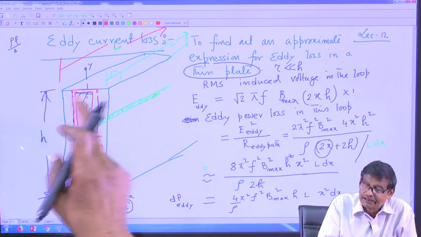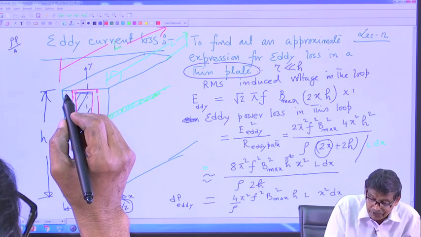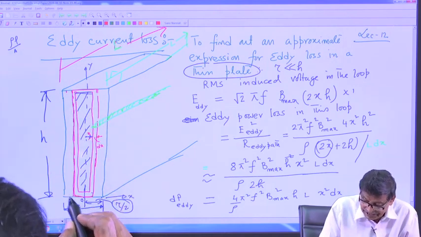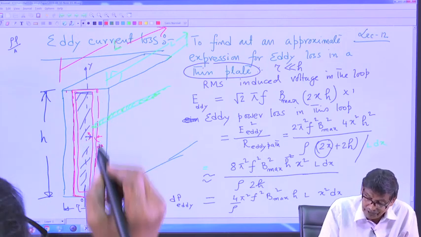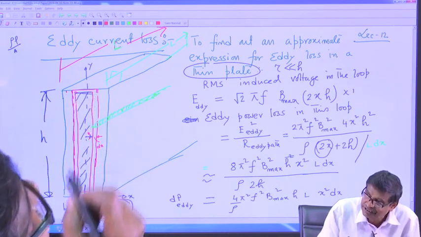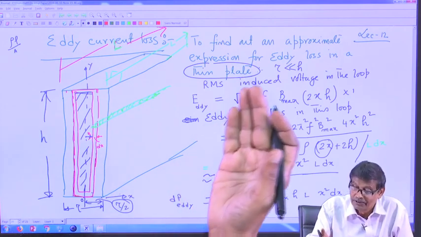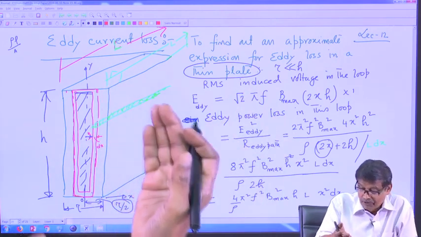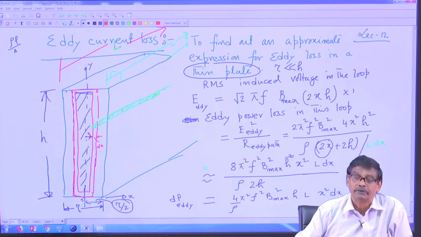So, there is another approximation. You will consider the loop like this. There is this power loss here, and once again this power loss, but that portion is always small, because I am talking about tau, which is far less than h.